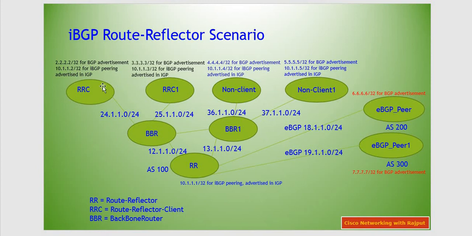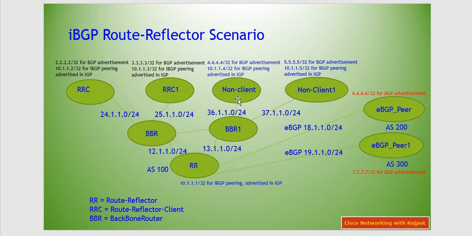In the case of a Route Reflector client, it is getting the complete routing table. It knows about its own iBGP peer, as the information is relayed from RRC1 to RR and then to RRC. So RRC knows about its own iBGP peer without having direct iBGP peering with RRC1.